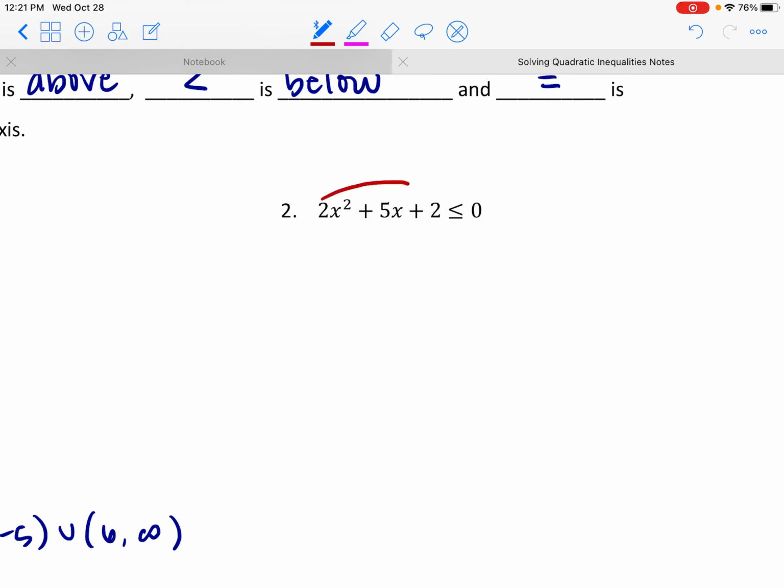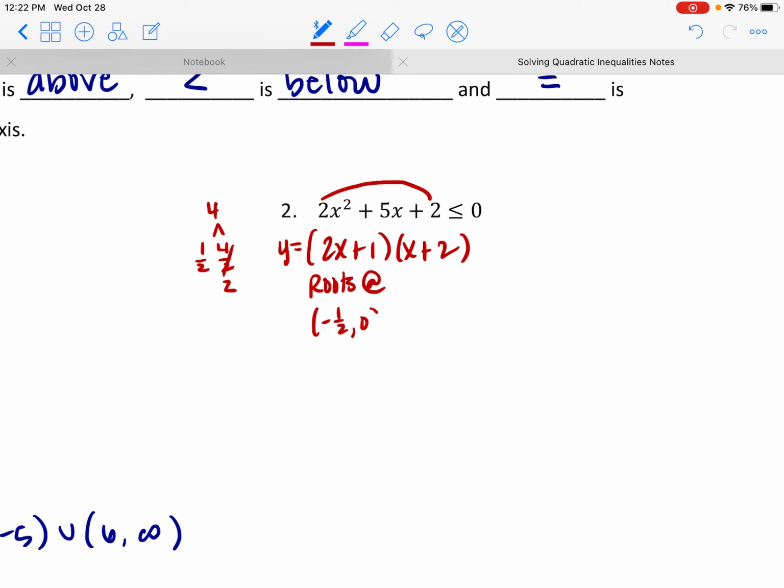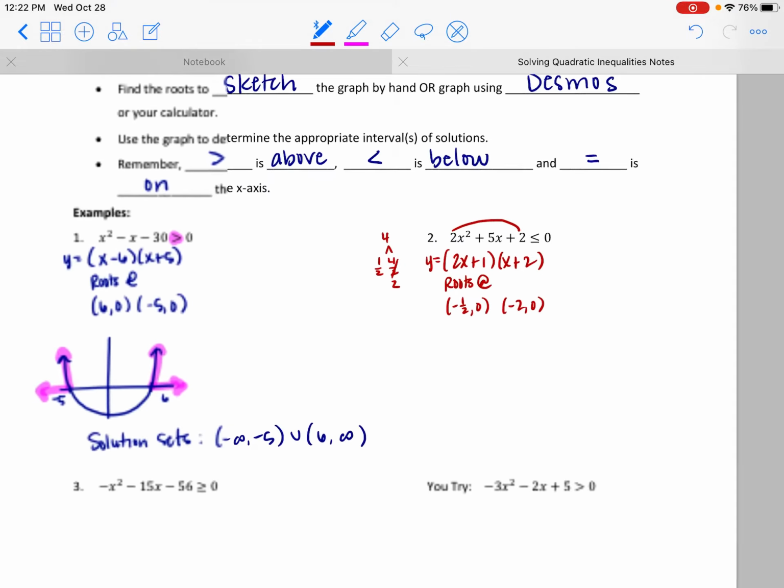So 2 times 2 is 4, and factors of 4 that make 5 are 1 and 4. Dividing those by 2, we can see this is going to factor into 2x plus 1 and x plus 2. So the related function here is going to have roots at -1/2 and -2, right? -1/2 and -2.